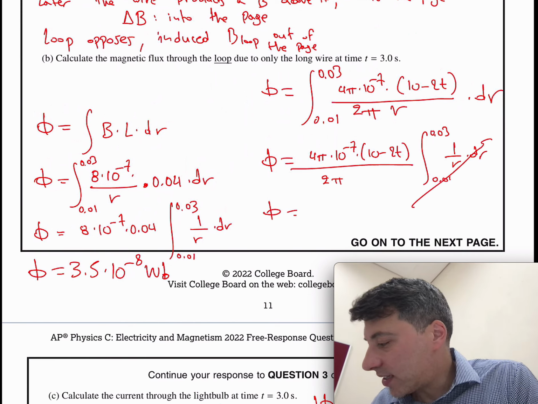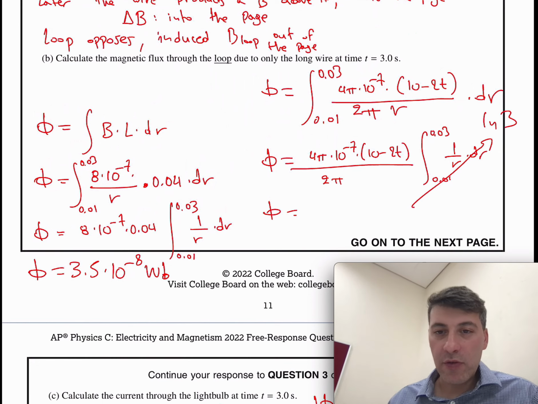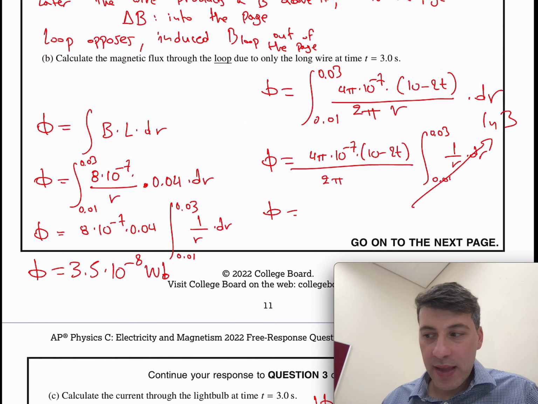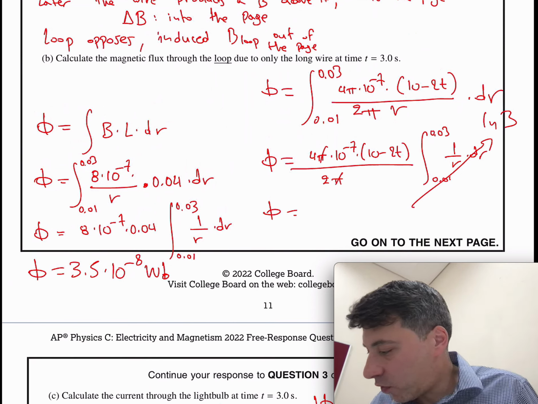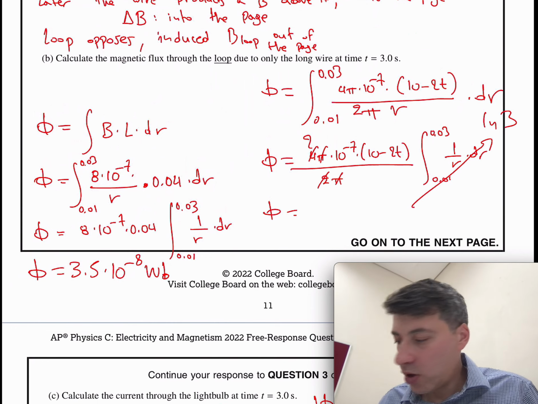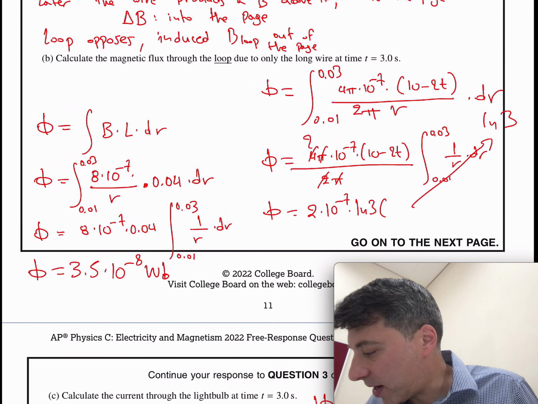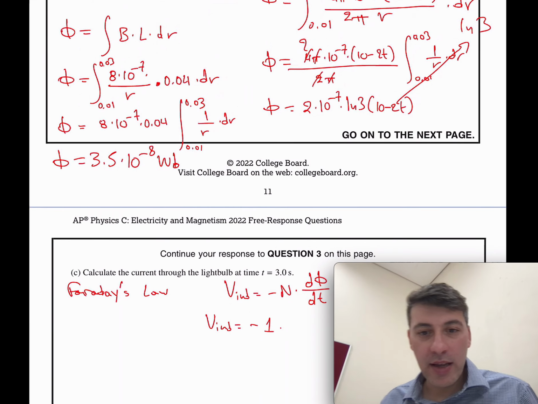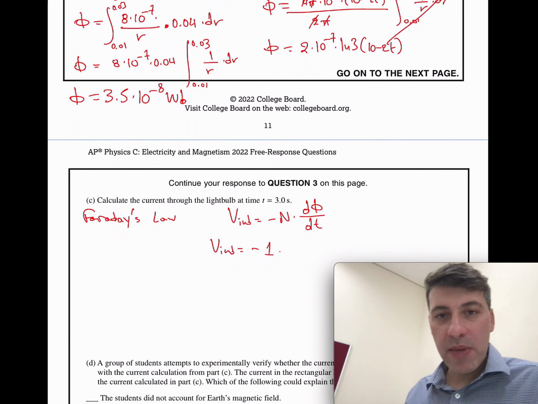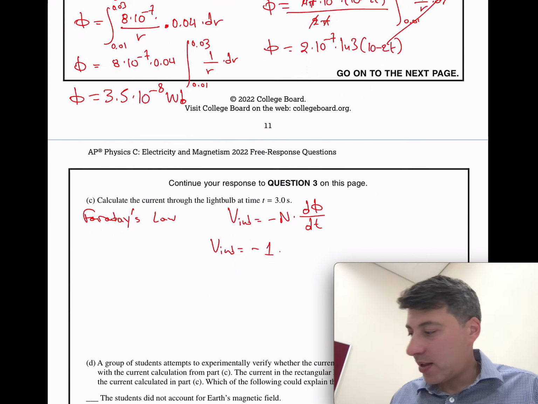This is ln of 0.03 over 0.01, so ln of 3. Again the pi and the pi cancel, the 4 and the 2 bring a 2, so 2 times 10 to the power of negative 7 times ln of 3 multiplied by the bracket 10 minus 2t. In order to find the induced EMF, we need to derive this with respect to time.